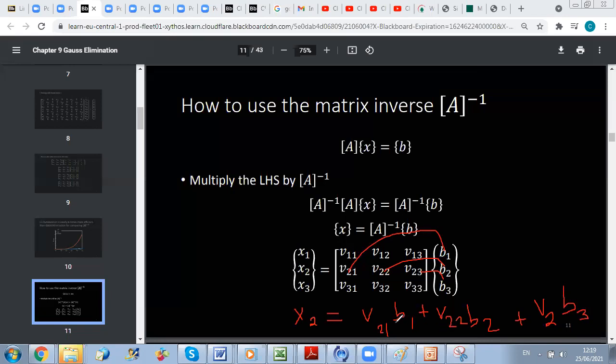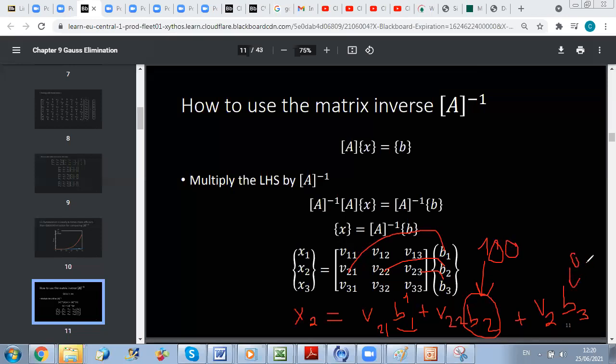Let's say I just vary B2 and I want to see the impact on X2. I can do it in a very simple way by just replacing B2 by its value. For example, let's say I know that B1 is 1, B2 is 100, and B3 is 0.1.